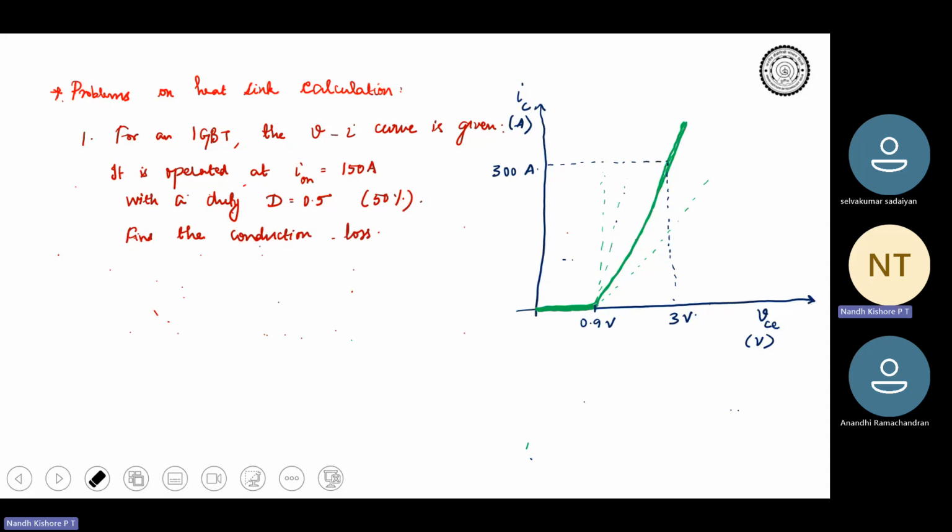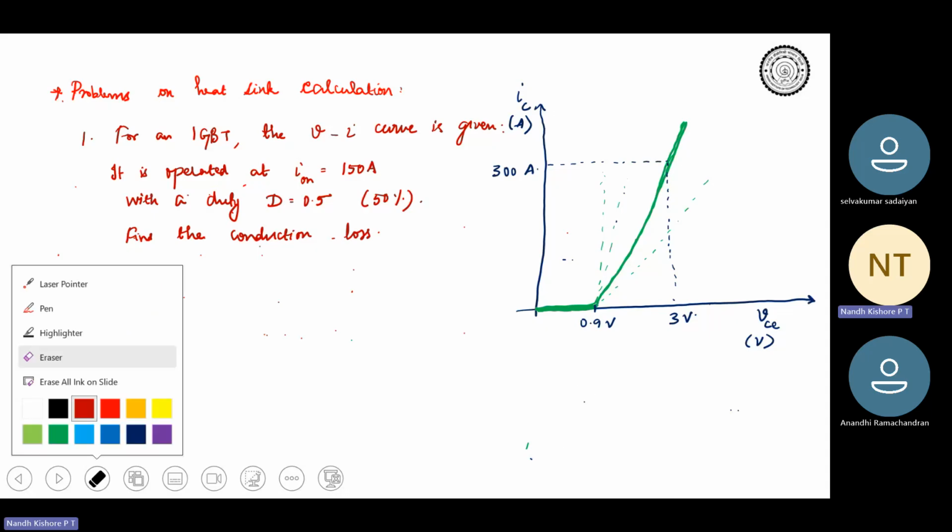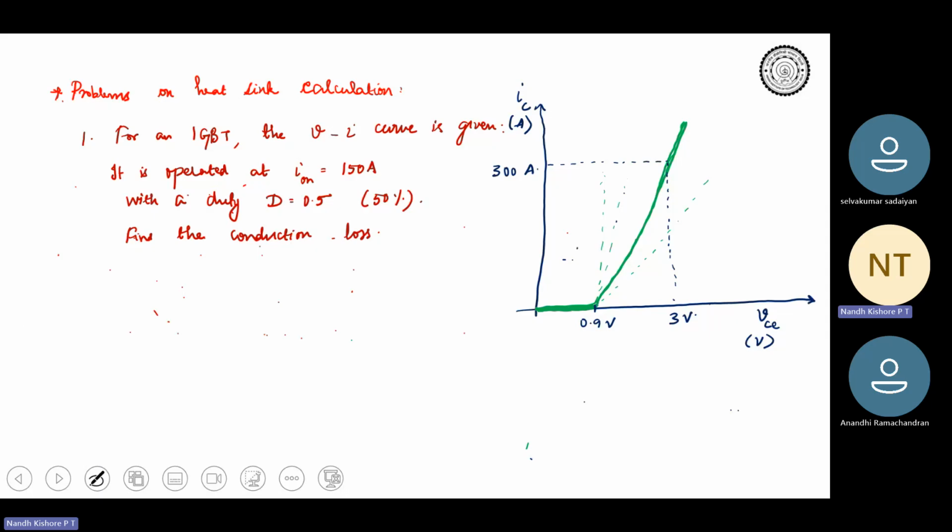Did you understand this question? By the way, let me write the part number in case you want to refer to this later. This is SKM 200 GB 12V. This is the IGBT.